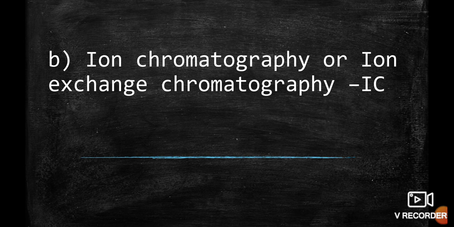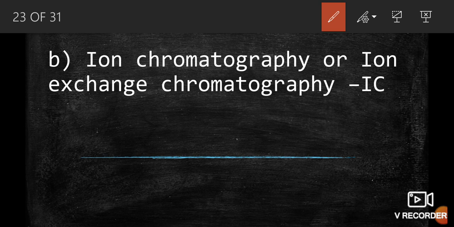The type of separation is based on the ionic distribution coefficient, and it was developed by a person called Cohen. There is a reversible exchange of ions in the solution, which are electrostatically bound to the support.